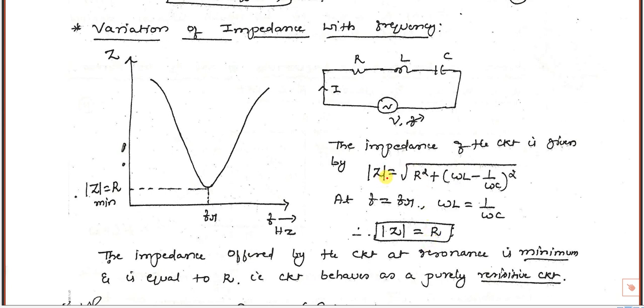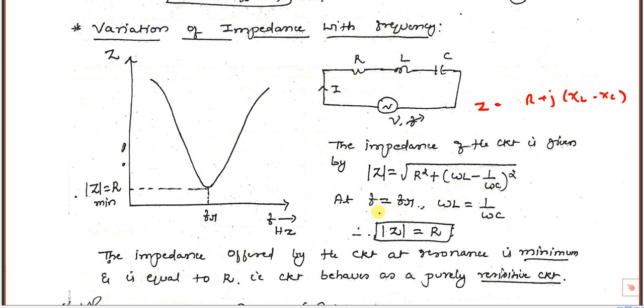Z is given by R plus J into XL minus XC, and the magnitude is given by root of R square plus XL minus XC whole square.